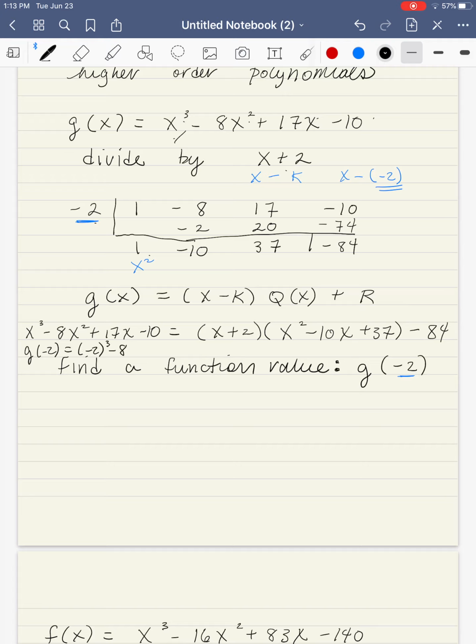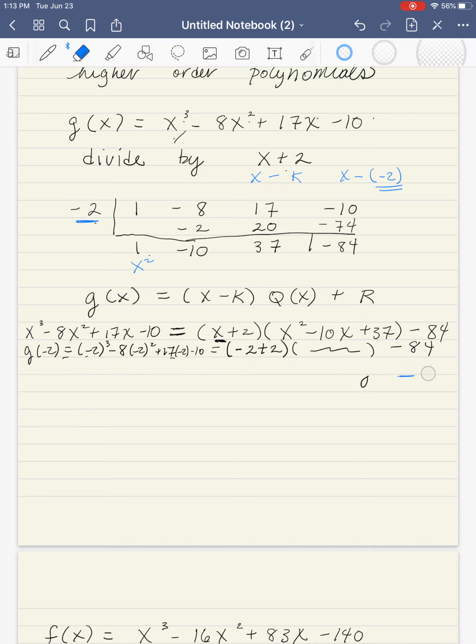So if I did this the traditional way, if I were to find g of negative 2, what I would do is put a negative 2 in place of the x everywhere across here. But notice, if I did that, because g of x is equal to this, I could put a negative 2 here in place of this x, and then a negative 2 in place of all of this.